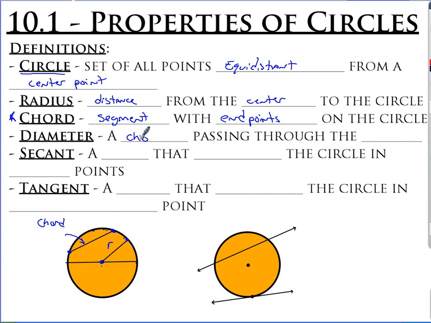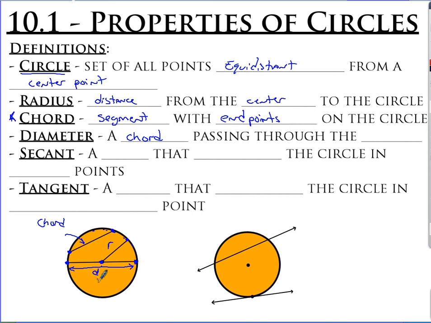By definition, it is a chord. A diameter is a chord that passes through, specifically, the center. Okay, that's your center point. So it's a chord, the endpoints are on the circle, and it passes through the center. So this is your diameter, and we abbreviate that D.